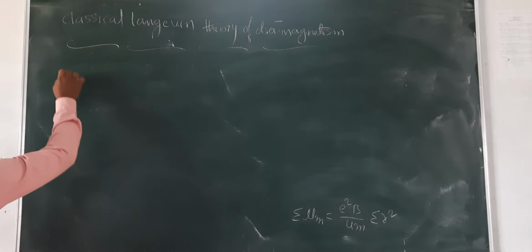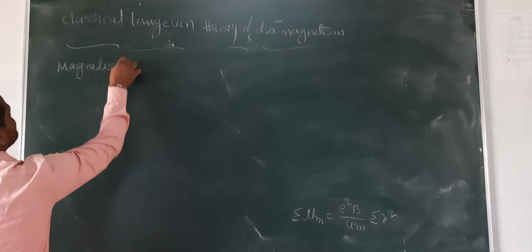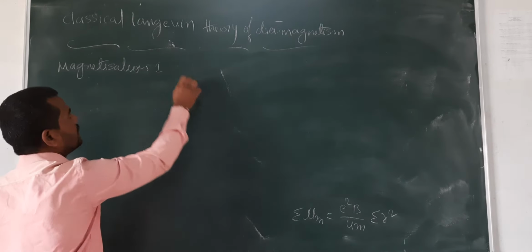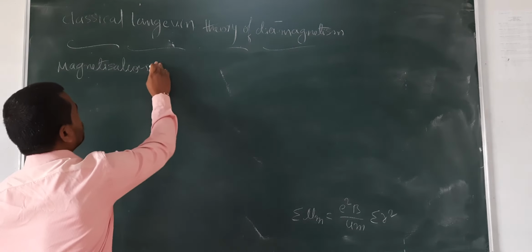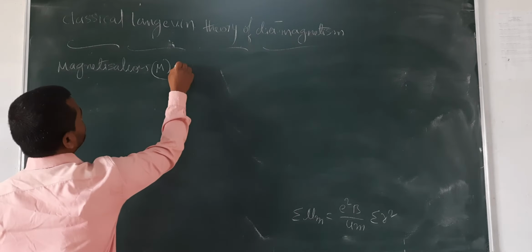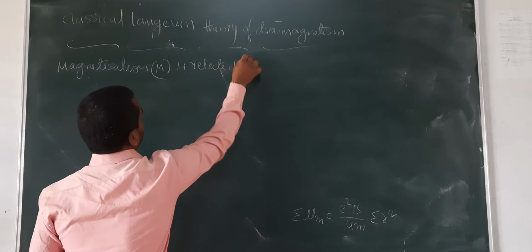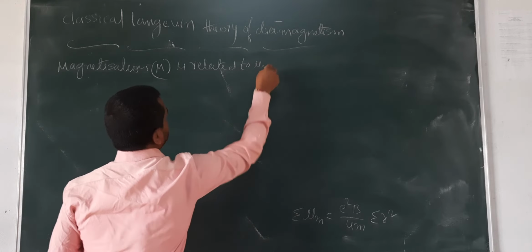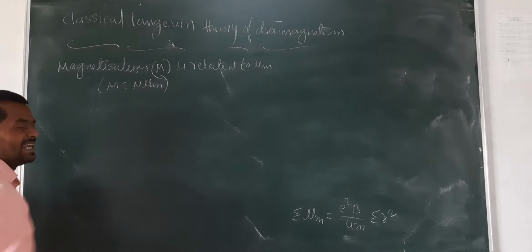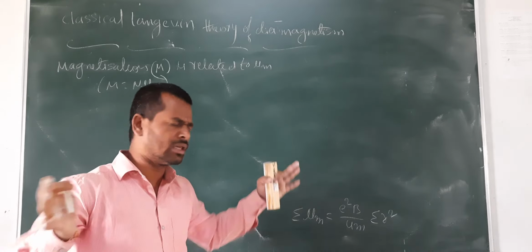And now see magnetization. Magnetization can be denoted with either I or M, so I am writing here M only. M is related to mu m. How do you know? In general, M is equal to n mu m. In general, but actually here instead of mu m, we have summation, which means all the mu m are added.